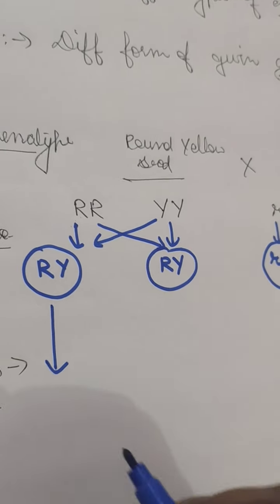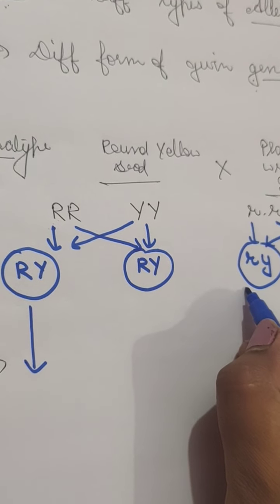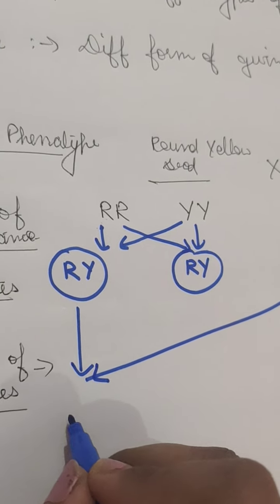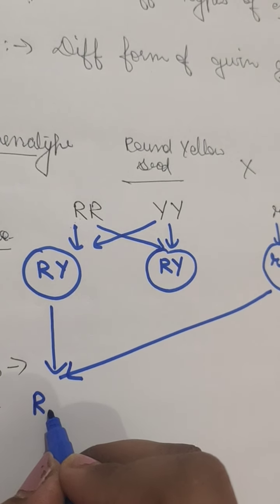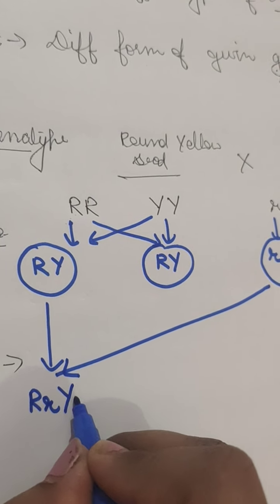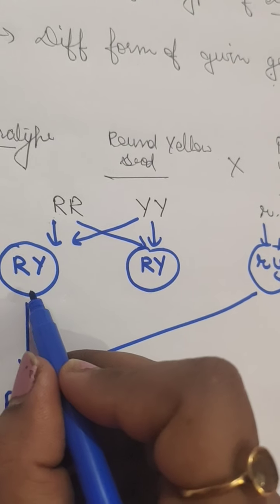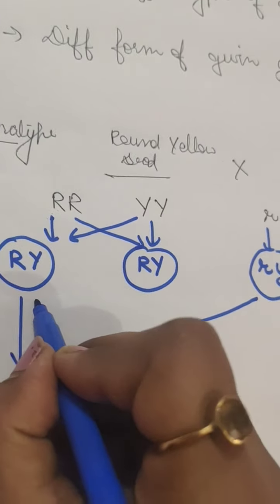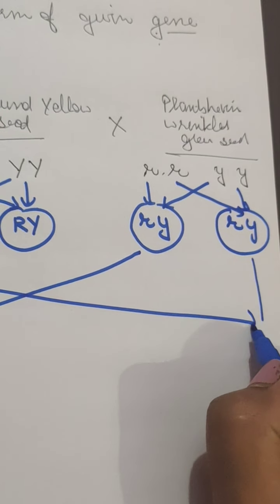Okay, so this character will be interlinked with this, and then we will get capital R and small r and capital Y and small y. Okay, now this again will link with this one. So move to this and this.